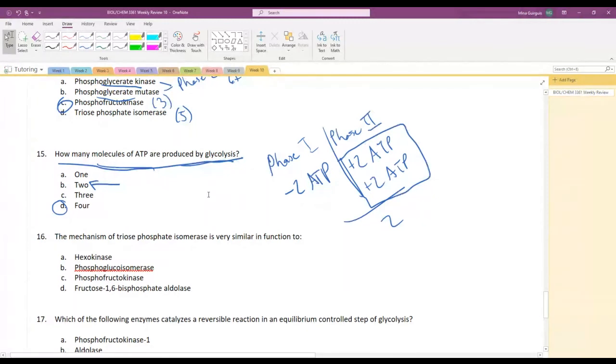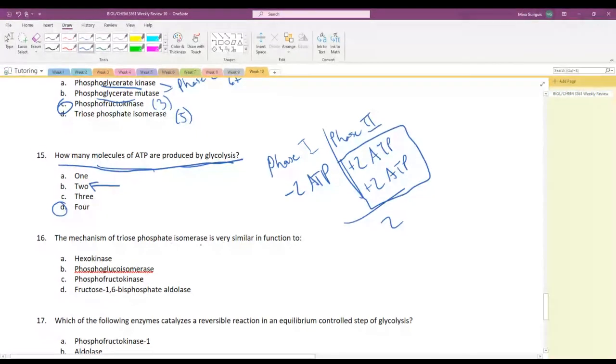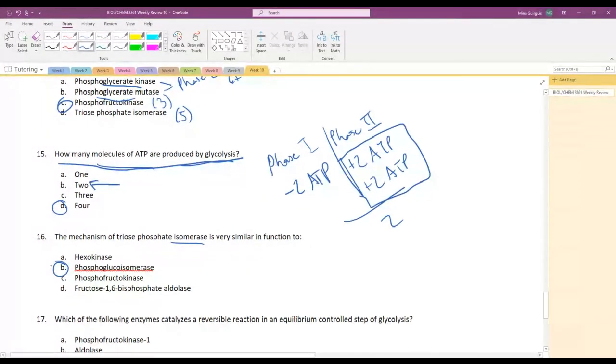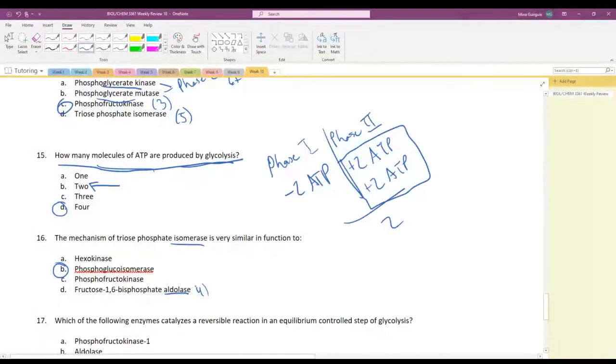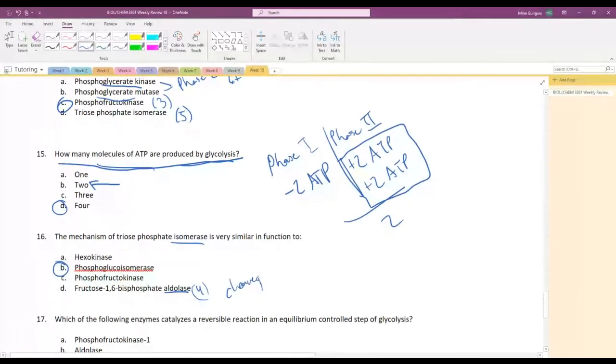Okay, I'll give it away. It's an isomerase. We're dealing with isomerases. B. Okay. And this is also really good for us because let's think about it. The aldolase, this is reaction 4. It does the cleavage. It cleaves our fructose 1,6-bisphosphate into DHAP and G3P.